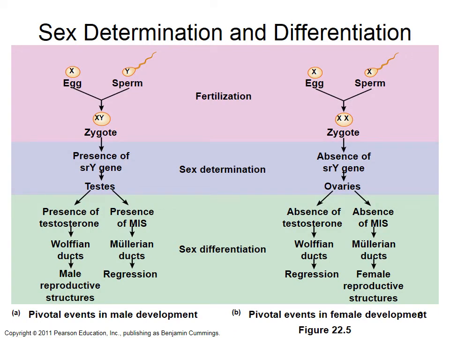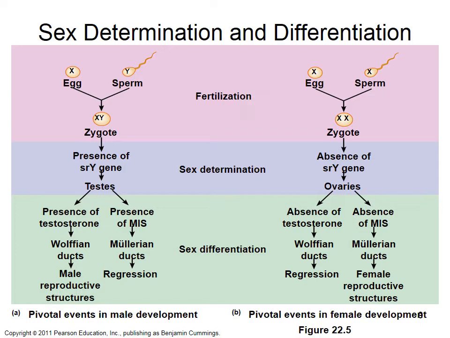So what happens is if you get a Y chromosome, that Y chromosome has an SRY gene. Okay? That SRY gene turns on really early in development. And it starts the production of testosterone. Okay, and the presence of testosterone causes the Wolffian ducts to turn into the male reproductive structures.